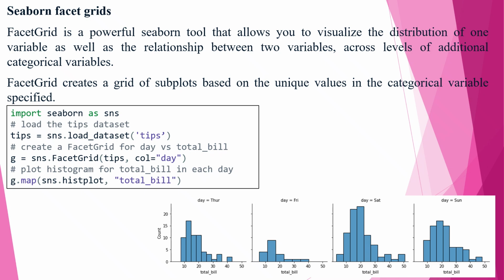The map function is then used to apply a histogram of the total bill variable to each subplot. This helps in comparing how the distribution of total bills varies across different days. Overall, FacetGrid is very useful for analyzing grouped data in a structured and visually clear way.